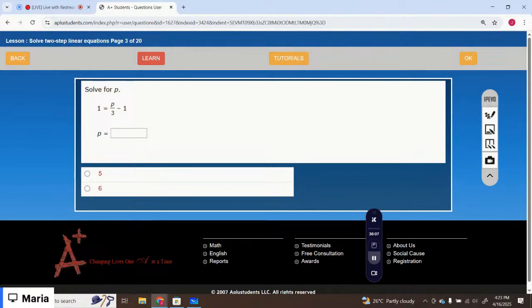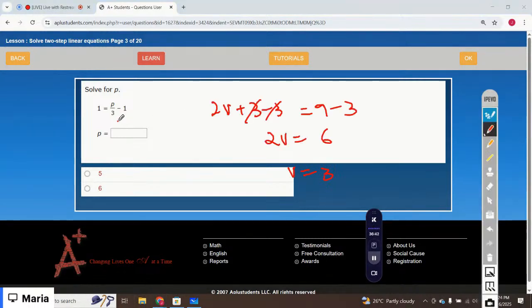Solve for P. So then P equals, you need to add 1 to both sides.